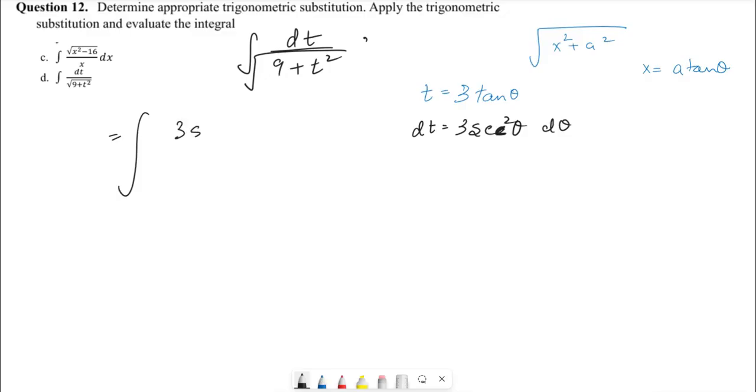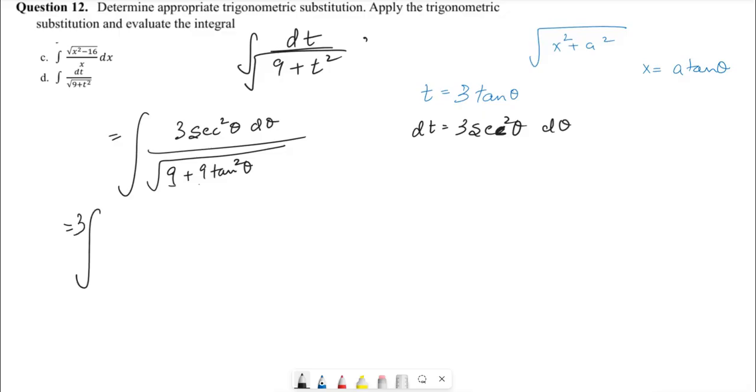dt can be written as 3 secant squared theta d theta, divided by the square root of 9 plus t squared, which is 9 tangent squared theta plus 9. In the integral, 3 comes out, 9 is factored out, and the square root of 9 is 3, so that is also 3. Secant squared theta d theta divided by the square root of 1 plus tangent squared theta.